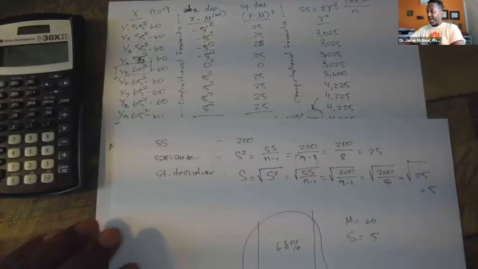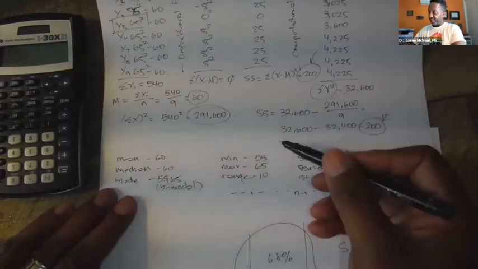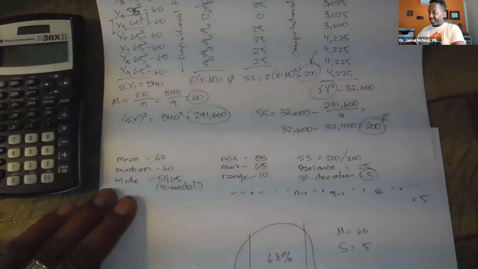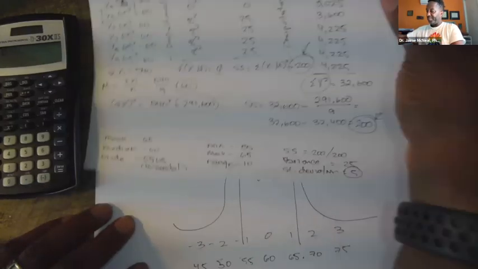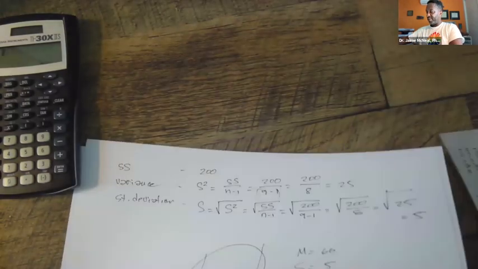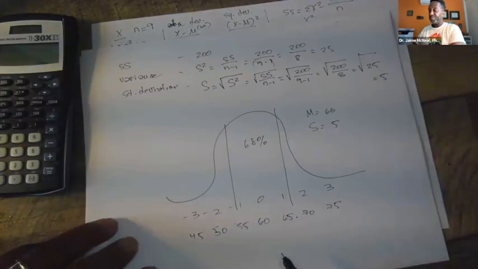And take a look at where our data actually sits. Our data varies from 55 to 65. That's the minimum and that's the maximum. We can see that that corresponds to how it looks in the shape.